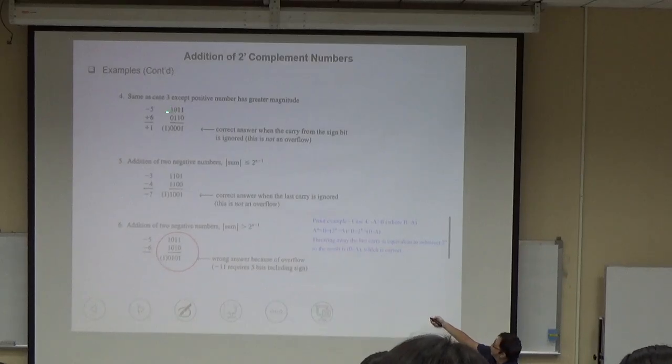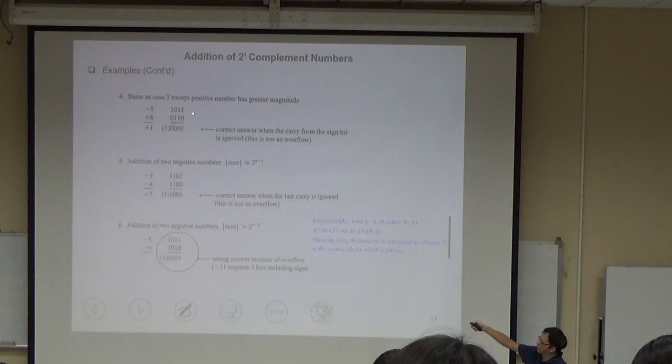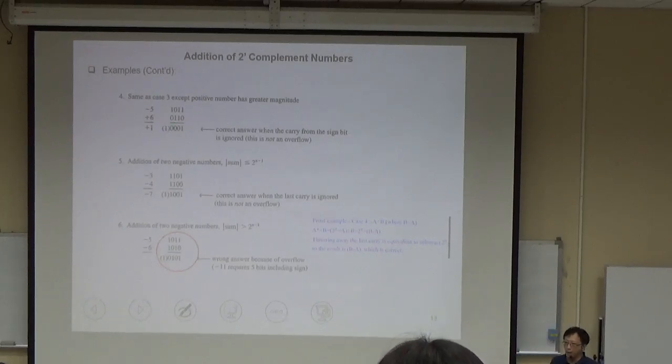So -5 has this expression, and plus 6 has this expression right here, and we perform the addition and obtain the result here. And for the two's complement, let me do it bit by bit first to see how we obtain the result.